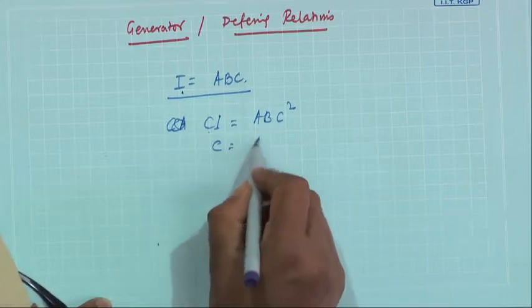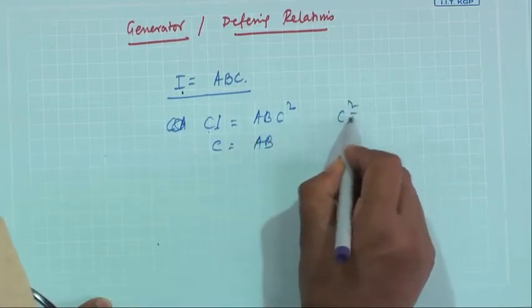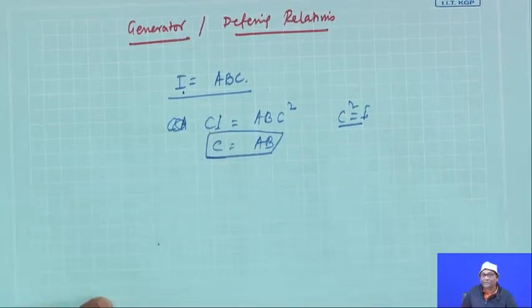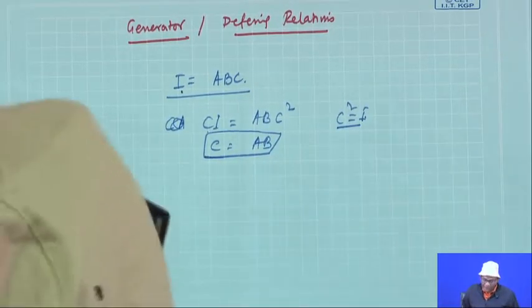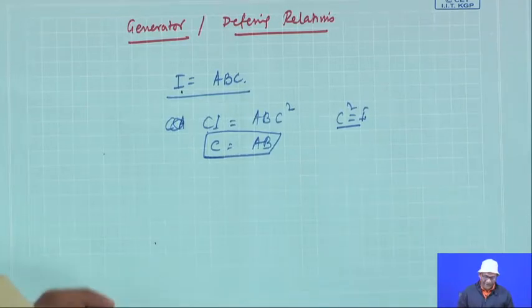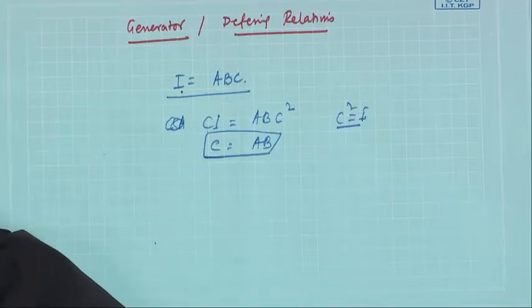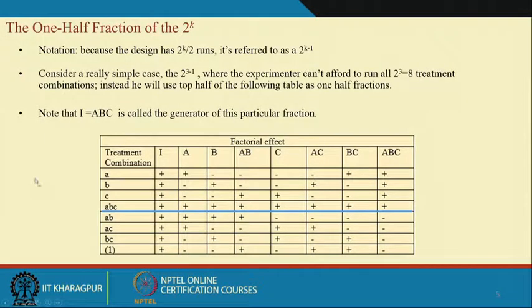So C equals AB, because C square equals I. So if you see the plus and minus signs in the table, you see that C equals AB, because C is minus minus minus minus plus plus plus plus. C equals AB.